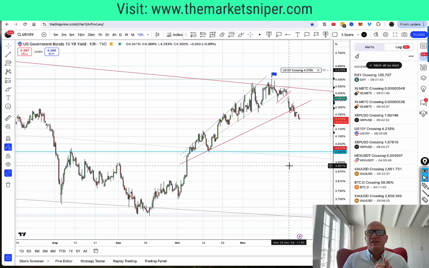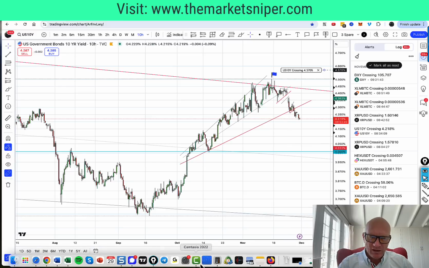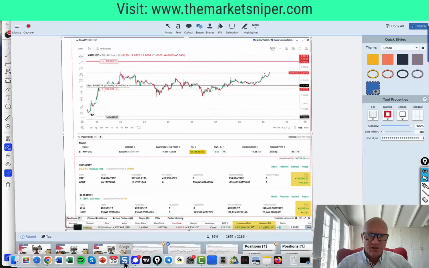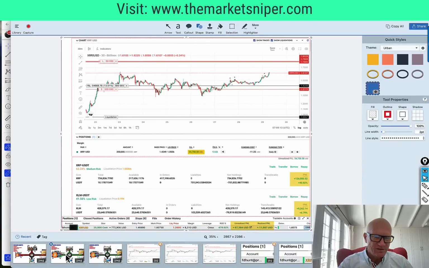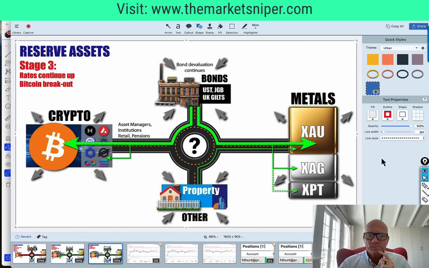Now we need to understand the reserve asset discussion, and for this I did a diagram. So let's show you a diagram that might help with some of this. So here's how things started. The bond market is in failure.